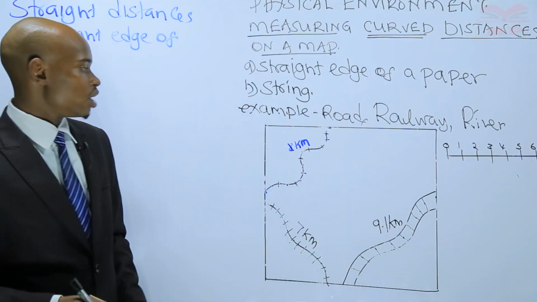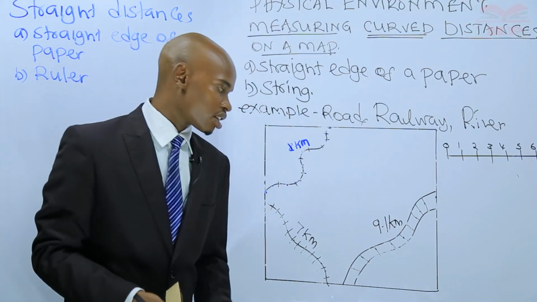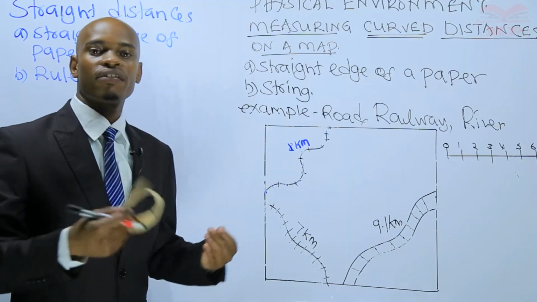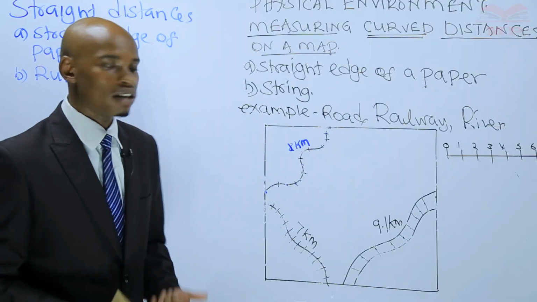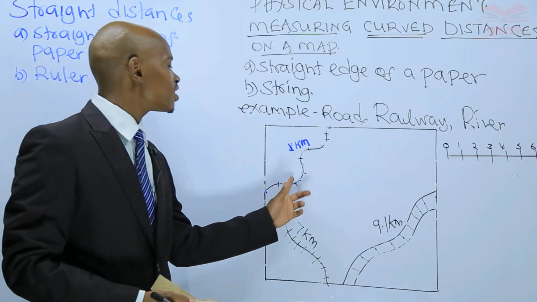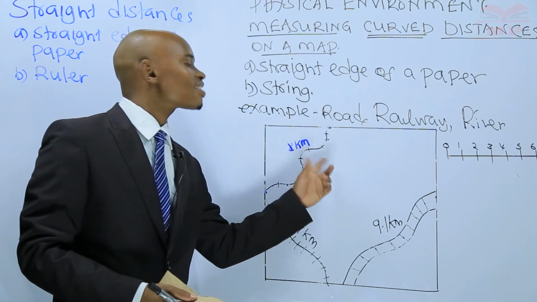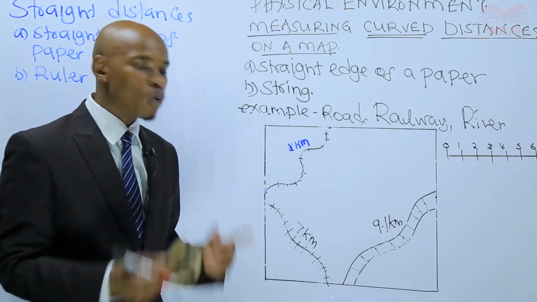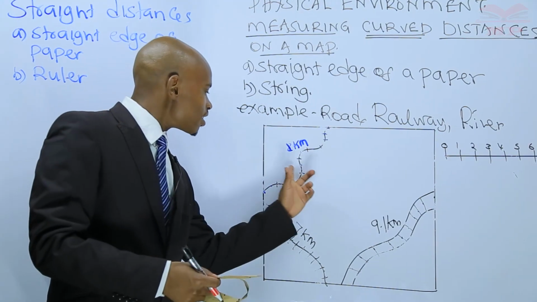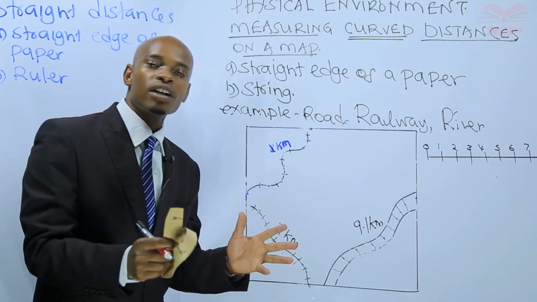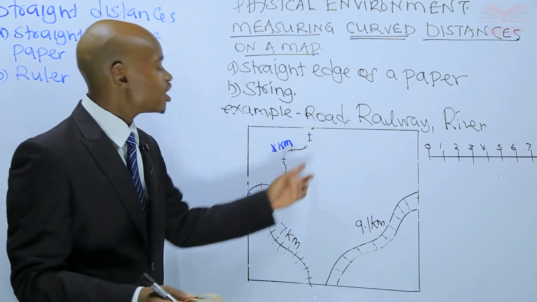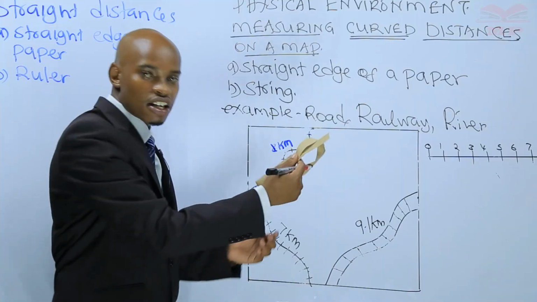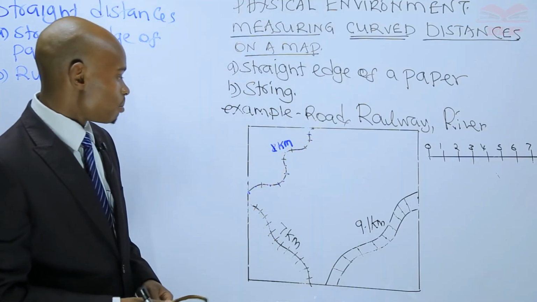And we have said when you are measuring a curved distance, it is wise to divide the curved distances into small straight distances. They will guide you when you are meandering as you collect your measurement.